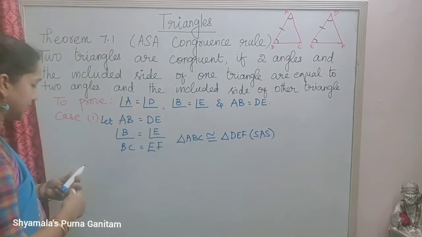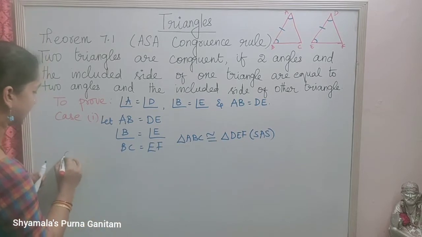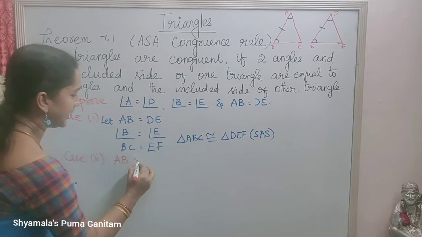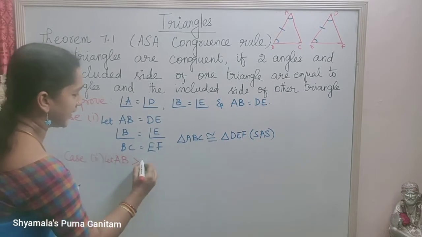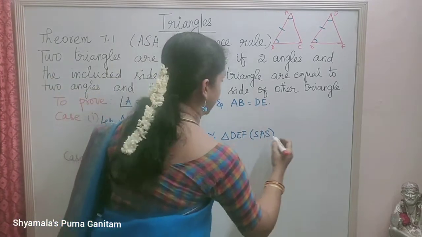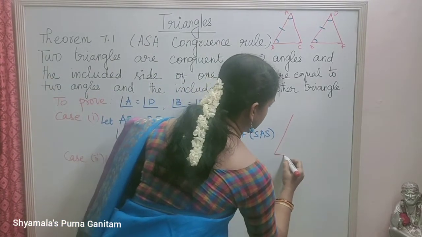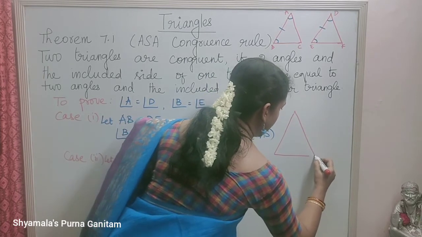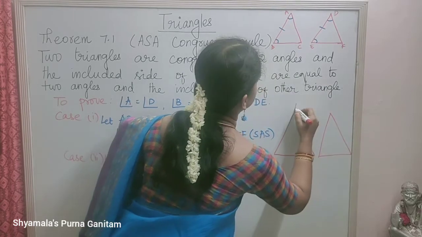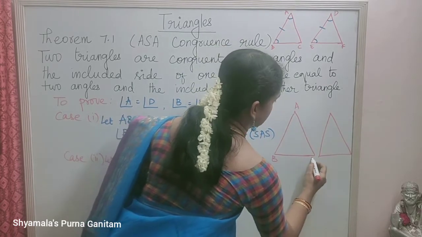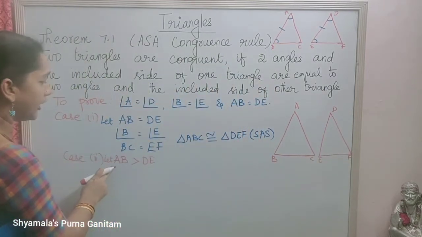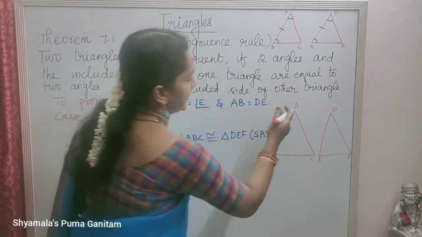Case 2 is AB greater than DE. If AB is greater than DE, we will get a figure like this, with A, B, C, D, E, F. Now I am going to take AB greater than DE.